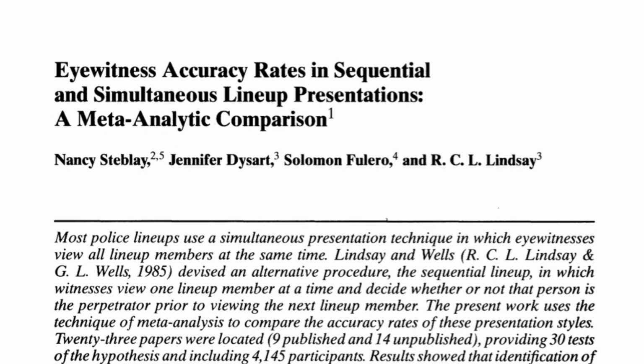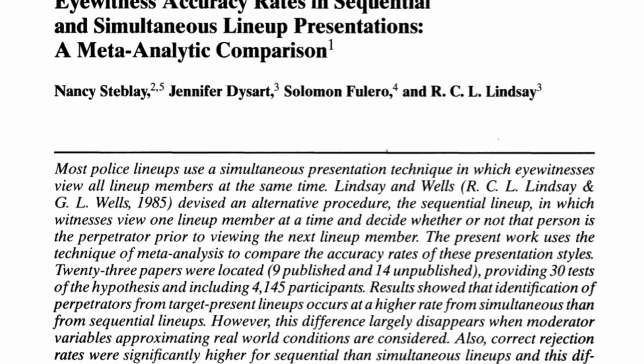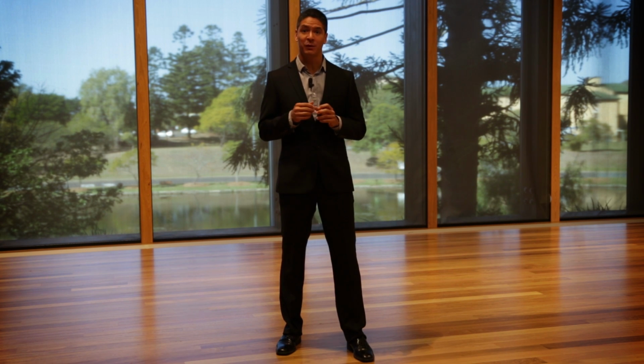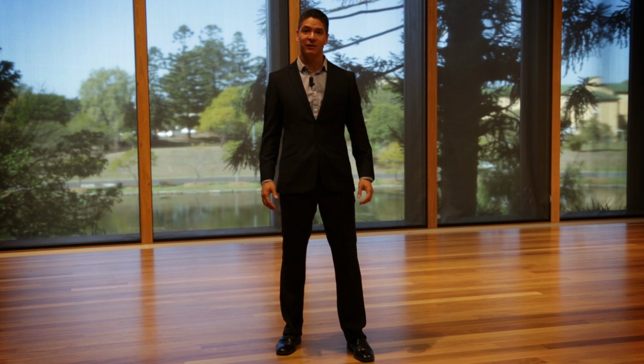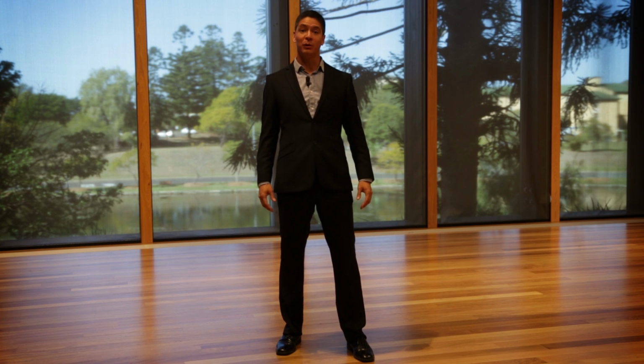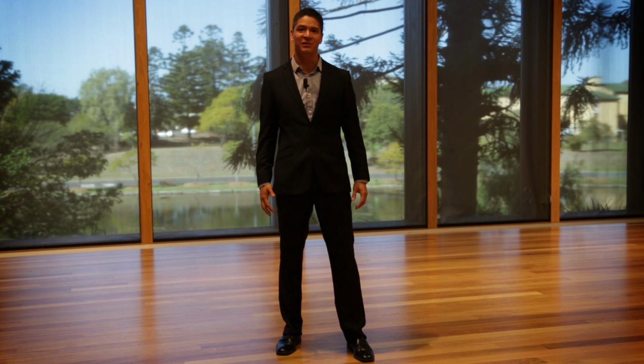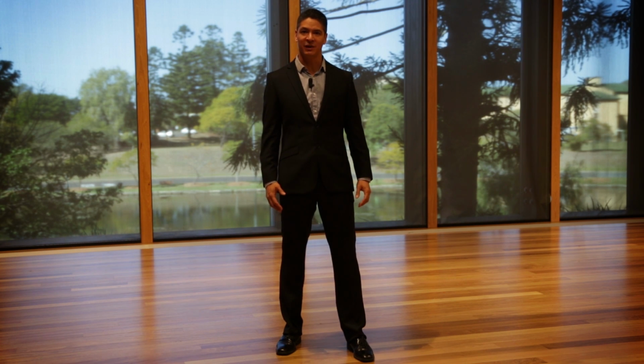That's the principle, but is there any evidence to suggest that using the sequential rather than the simultaneous presentation helps witnesses correctly identify the suspect more often? Nancy Steblay of Augsburg College and her colleagues did a meta-analysis of 30 research studies looking at this very question and concluded that using the sequential lineup procedure did indeed result in fewer false identifications than simultaneous presentations.